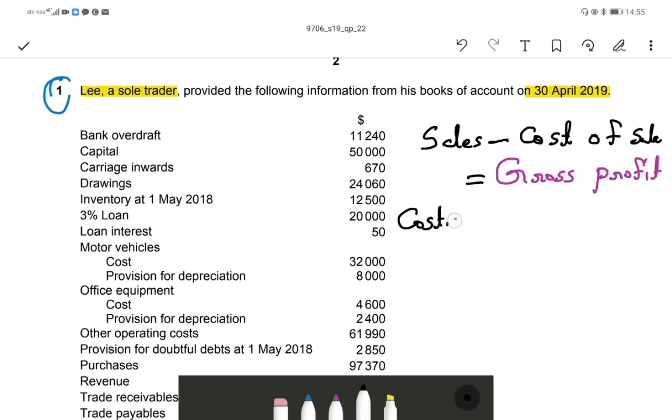Cost of sales is equal to opening inventory plus net purchase.